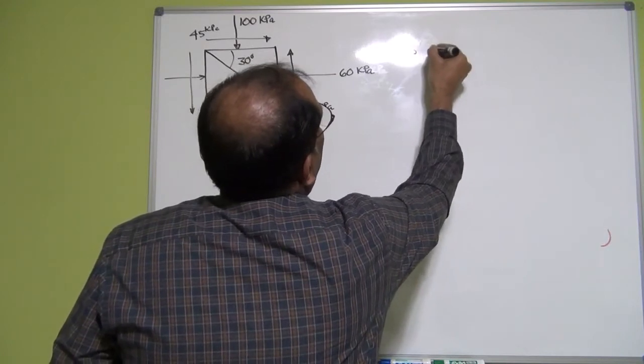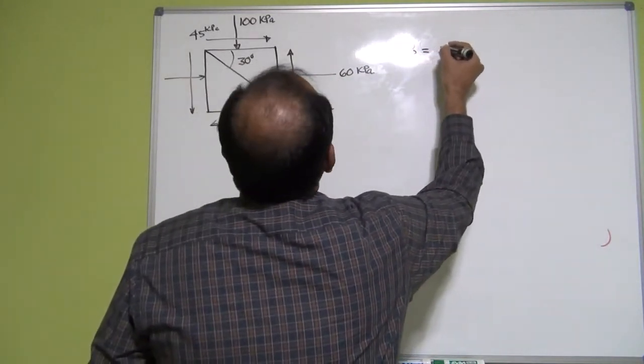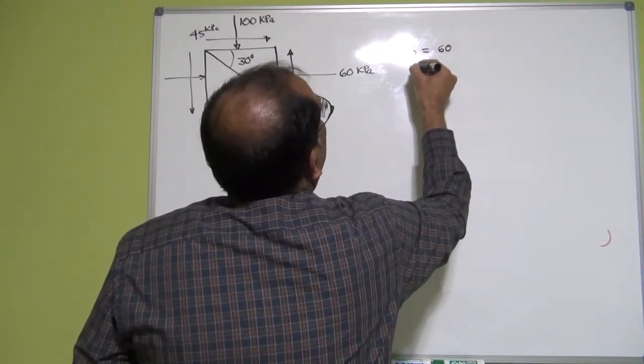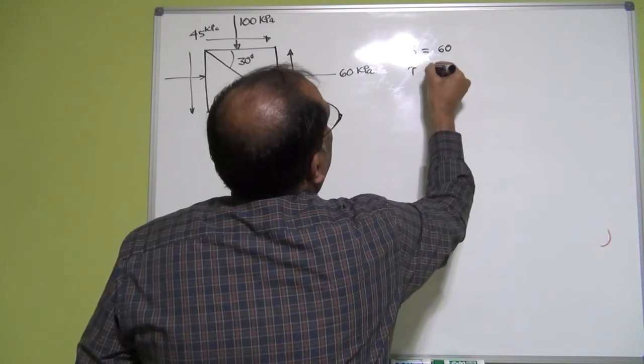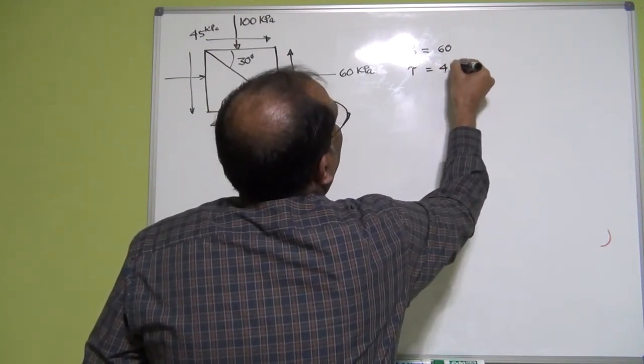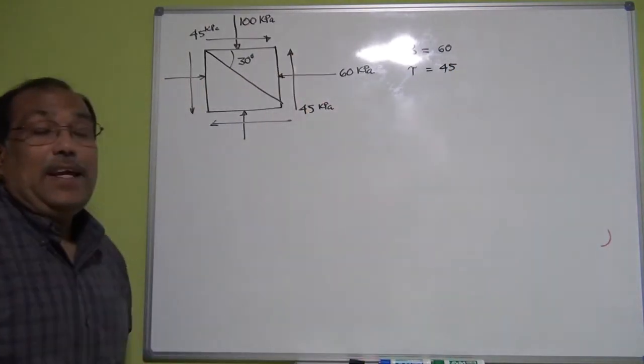You can see your sigma at the right face is 60 and your tau is equal to 45. And this is positive because it is going up in the right direction.